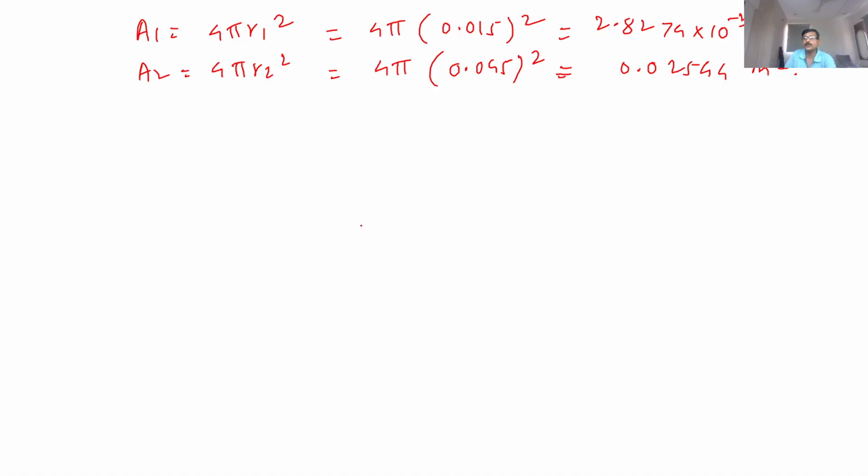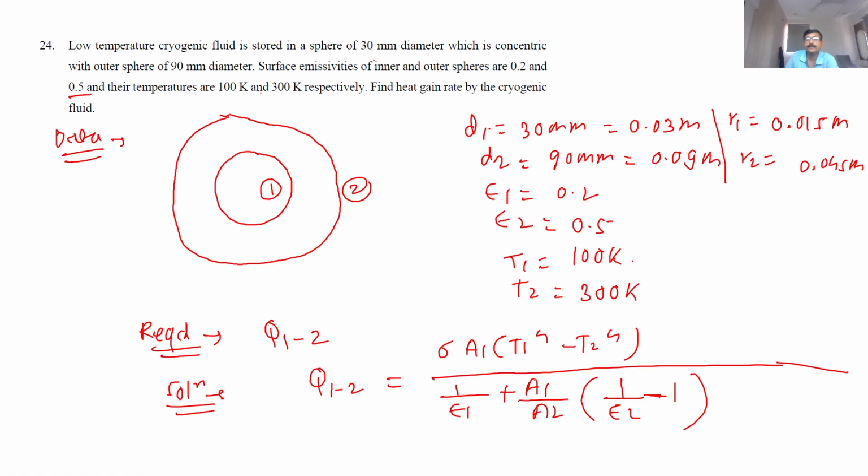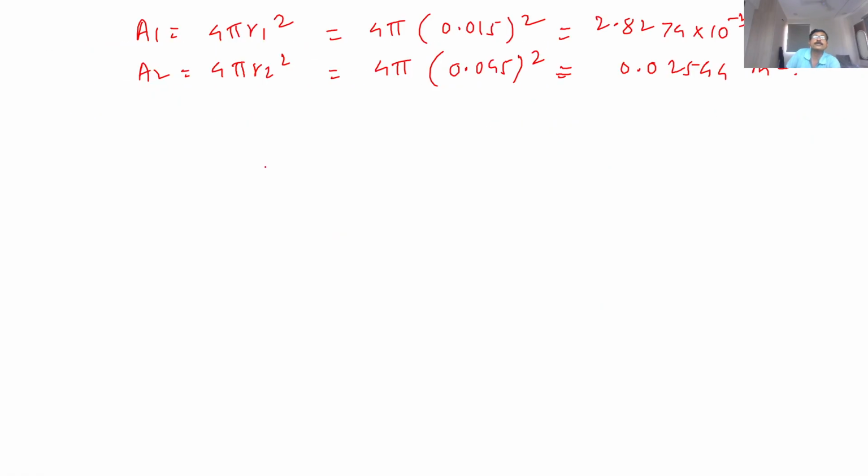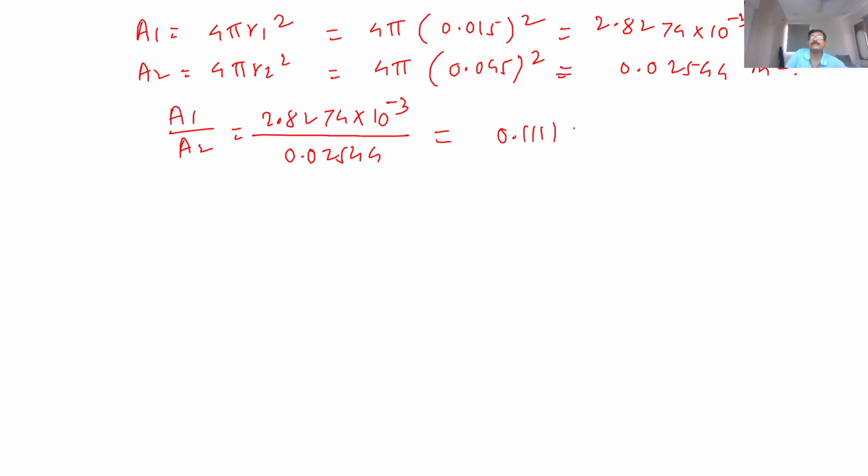The A1 by A2 term is present in the formula, so calculate it. A1 by A2 is 2.8274 into 10 raised to minus 3 divided by 0.02544. It comes around 0.1111.